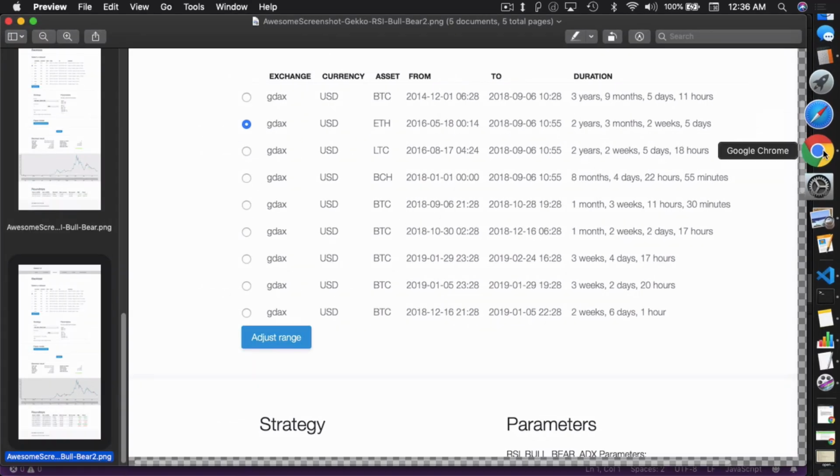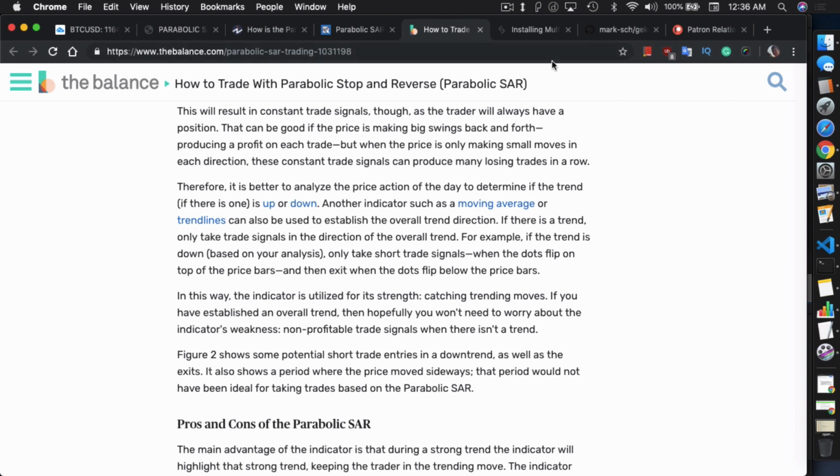So that is my video today for the Parabolic SAR. One thing I want to point out is that for me to actually get the Parabolic SAR to work, I downloaded a new version of Gekko, the most up-to-date version from Mike.